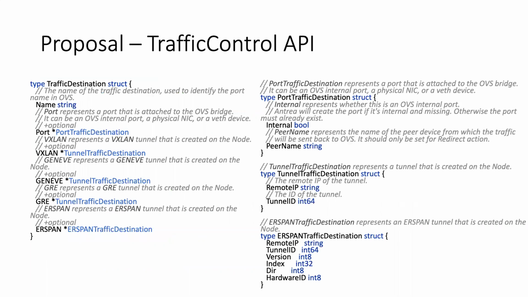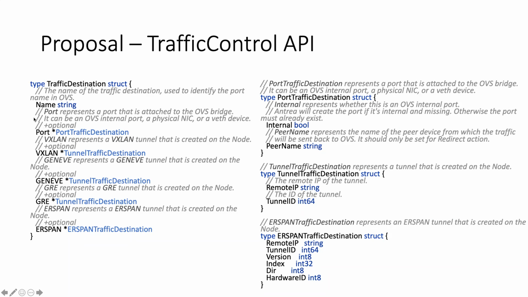Depending on the different use cases, we need to support different kinds of destination. For the use case I mentioned, the issue requires a VXLAN tunnel that is created on each node. So one possible traffic destination is a VXLAN tunnel, and we can also support other tunnel types and even the ERSPAN tunnel.